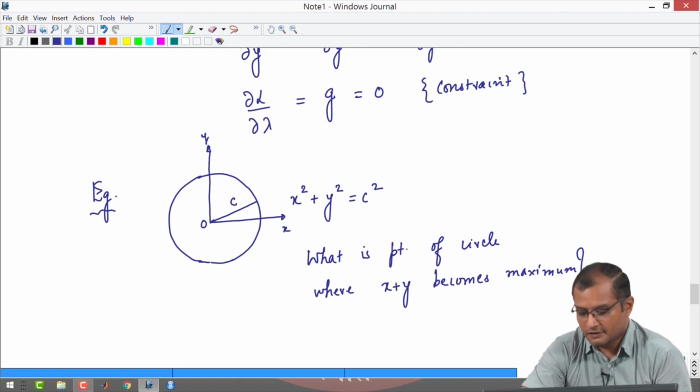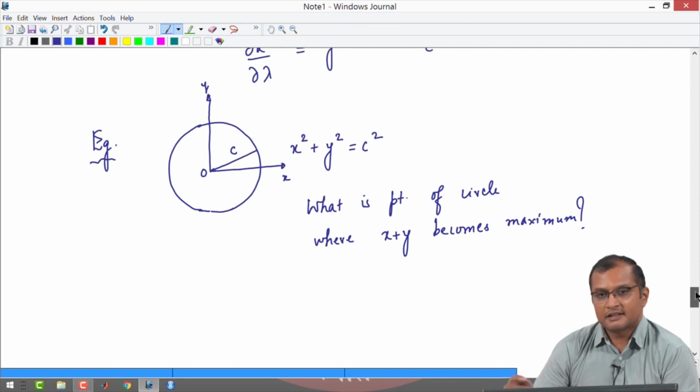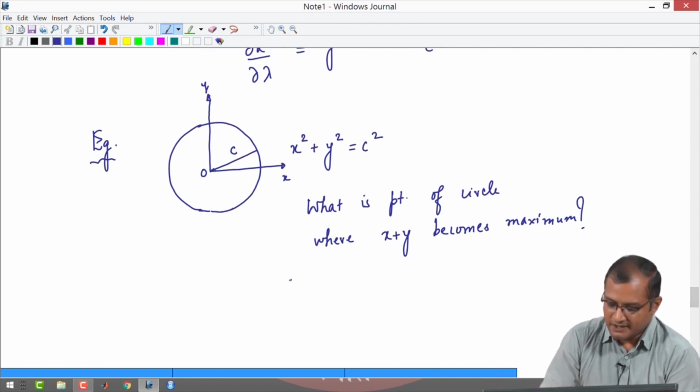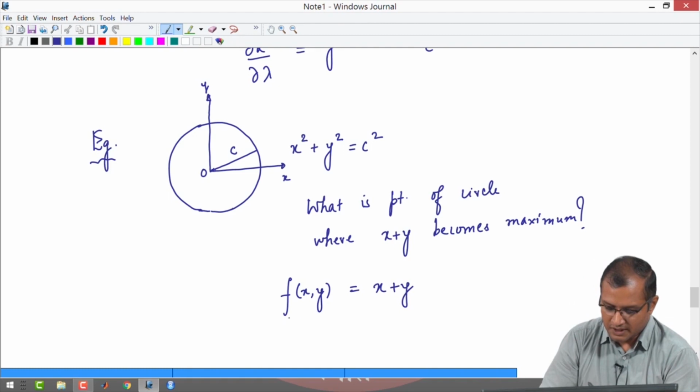Okay. So, the question is very clear. Stated mathematically, this means that I have a function x plus y that I want to maximize subject to the constraint.